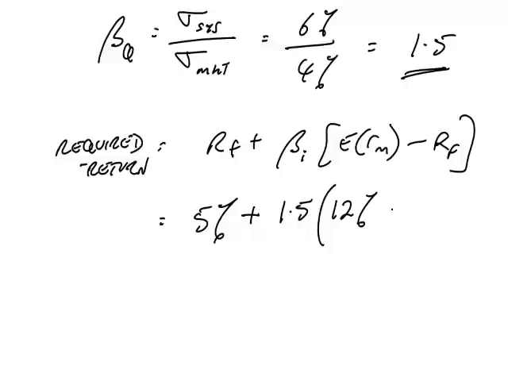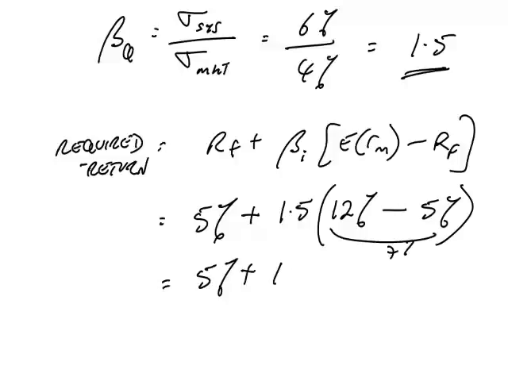The risk-free rate is 5%. Are we all clear where they're coming from? And therefore, the return we need is 5% plus 1.5 times 7, which is 10.5. It's 15.5%.